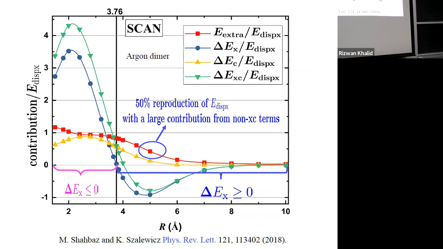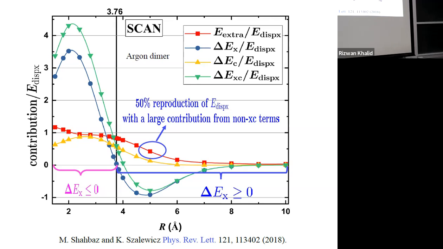The other thing is that close to the minima, it is recovering about 90% or 80% of the dispersion energy, which is not expected. At 5 angstrom separation, where there will not be any overlap of the clouds, it is recovering about 50% of the dispersion energy. And this correlation contribution is about 50% of it.